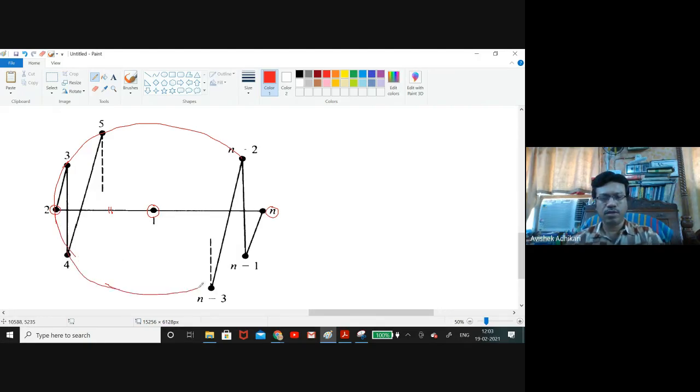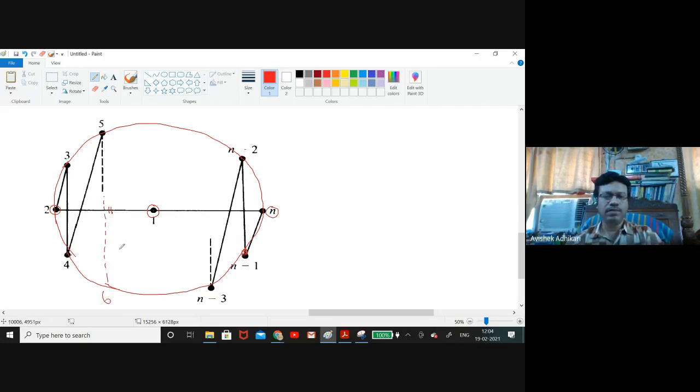Okay. So suppose this is my circle. So how do I put this? 1, then 2, then I put 3 here, and just opposite to that I put 4. Then I go up to 5, and opposite to this is 6.